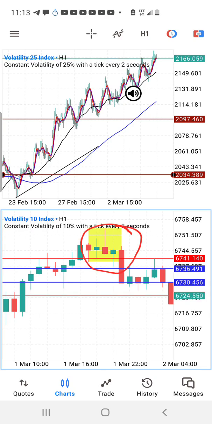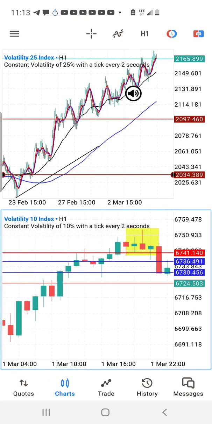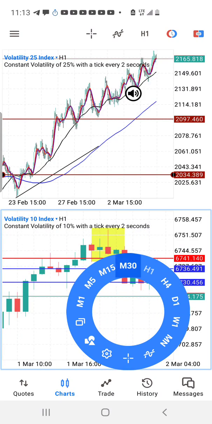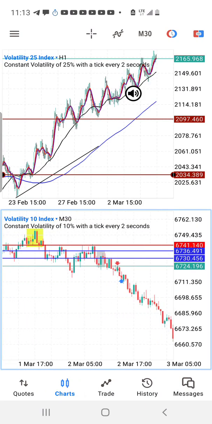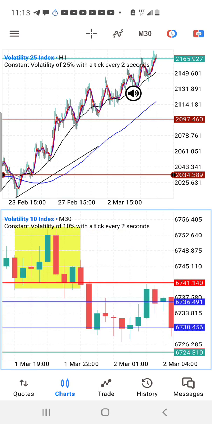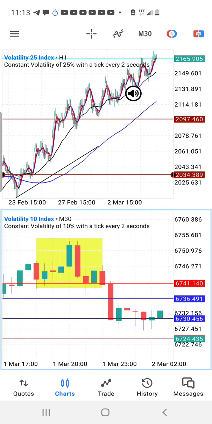In this case, you fall back to the 30 minute time frame to look for the exact head and shoulder formation. So let's fall back. As you can see, we found it because the low of the second shoulder is shorter than the low of the first shoulder.